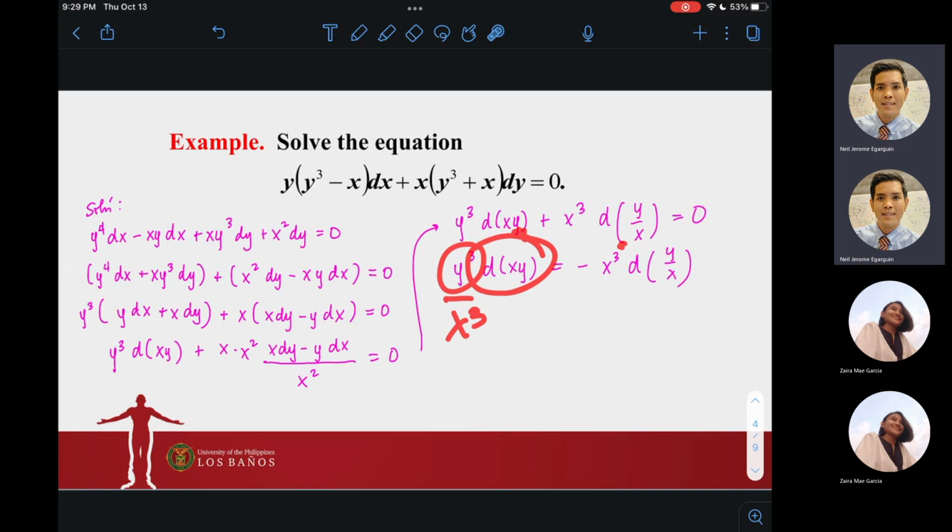Hindi ko siya mai-integrate ng maganda kasi pag mag-i-integrate ako sa left side, dapat laging magka-combo yung x at saka si y. This, if I will divide both sides by y cubed, I will have dxy equals negative x cubed over y cubed times dy over x.